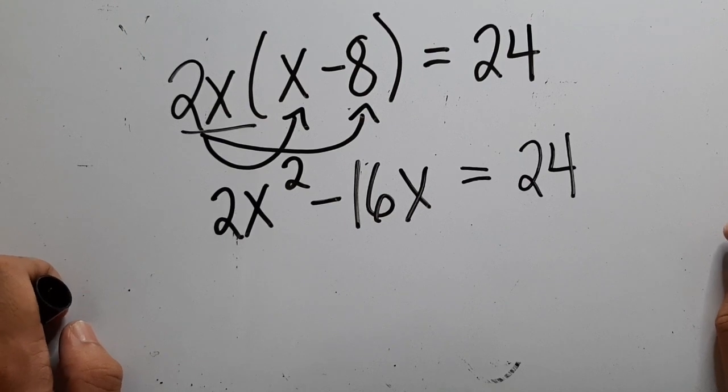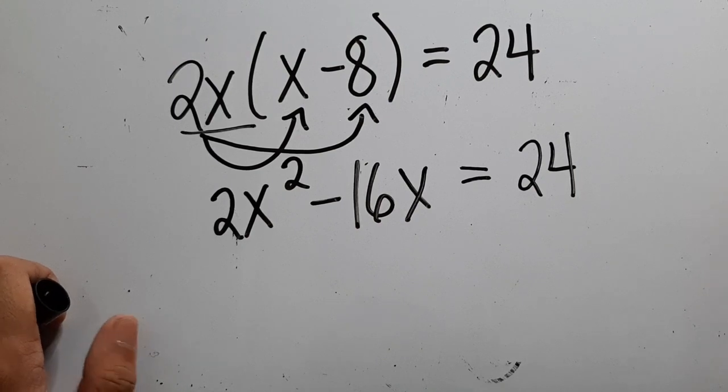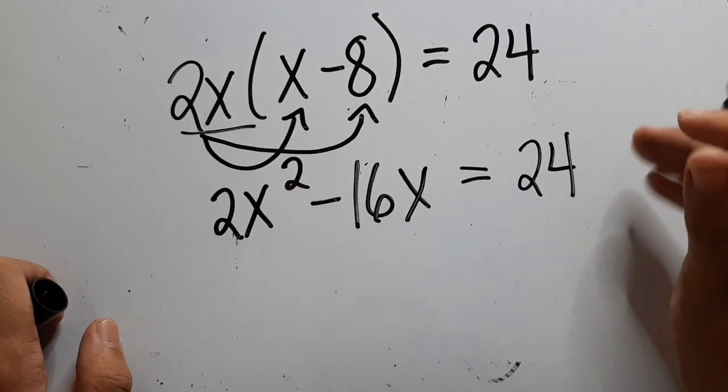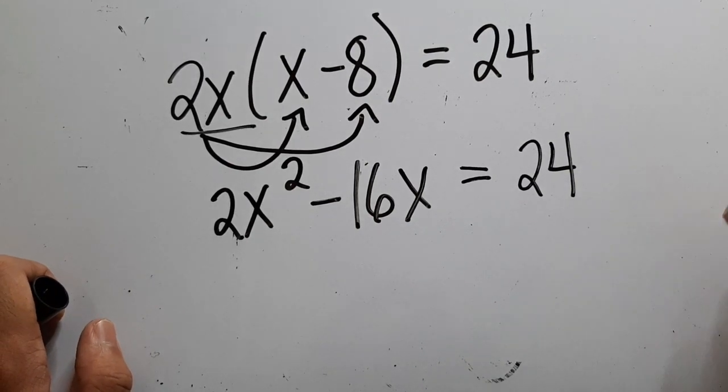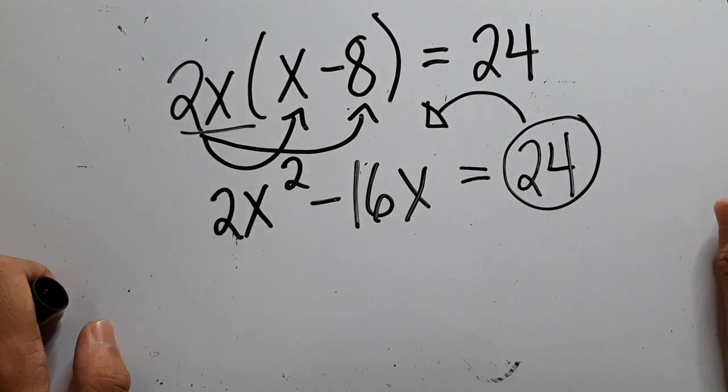na meron na tayong exponent na 2. Pero, para ma-identify natin ang value ni a, b, and c, we need first transform this equation into standard form. So, pag tinransform natin siya into standard form, the right side must be equal to 0. So, si 24, ililipat natin siya ng side or kailangan natin siyang ilipat ng boundary.